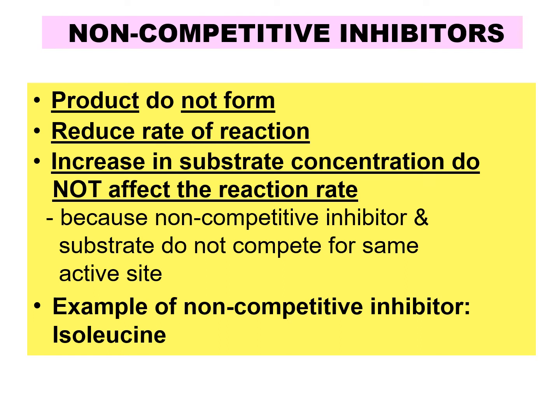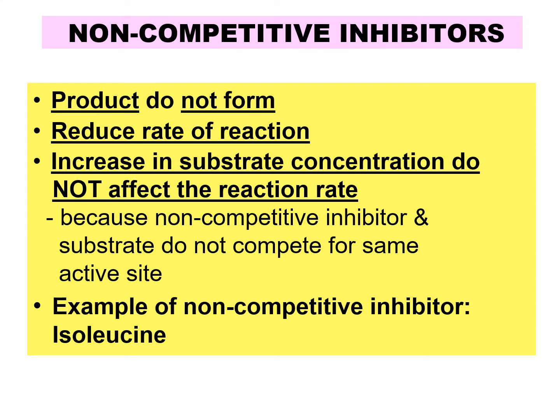Even though we increase the substrate concentration, the rate of reaction will not be affected. Once the non-competitive inhibitor binds to the allosteric site, the shape of the enzyme is changed. The active site shape is changed.